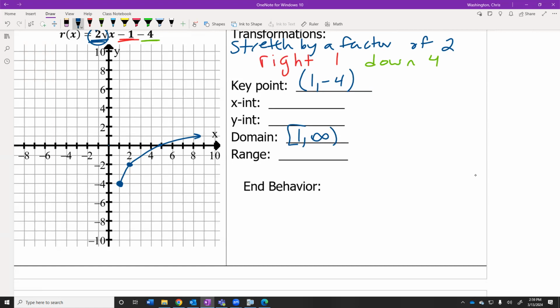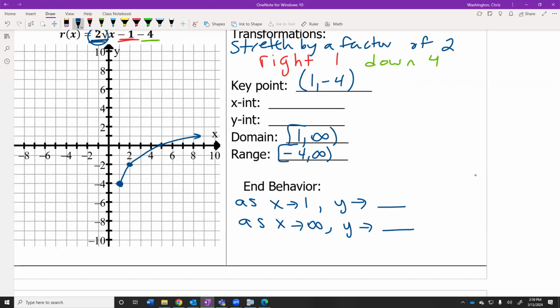And what about the range in this case? -4 is that bottom Y value, and we can go up as long as we want. When we do the end behavior, guess what we're gonna use for the X value? We're gonna use those numbers that we just wrote for the domain. And what numbers are we gonna use for the Y values? The numbers that we wrote for the range.